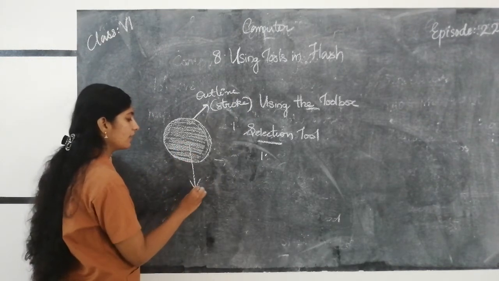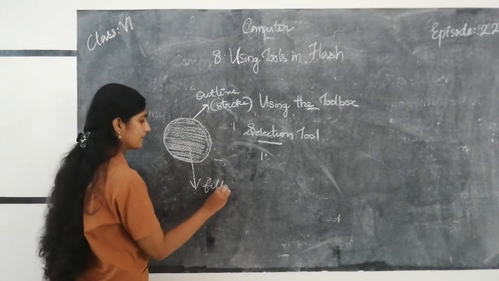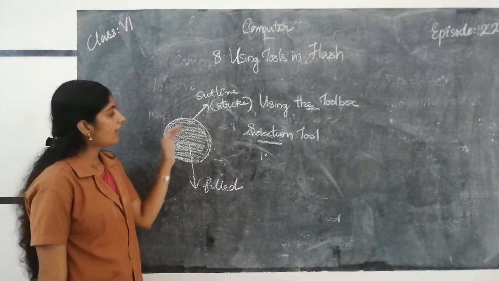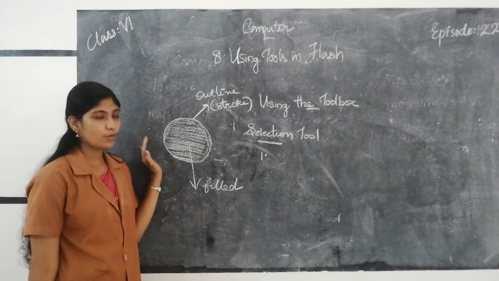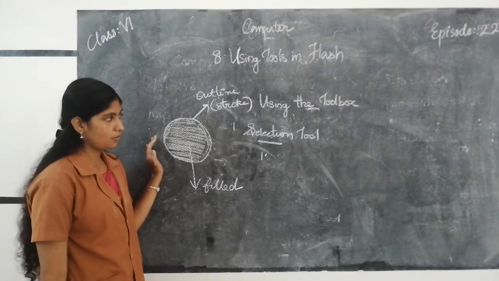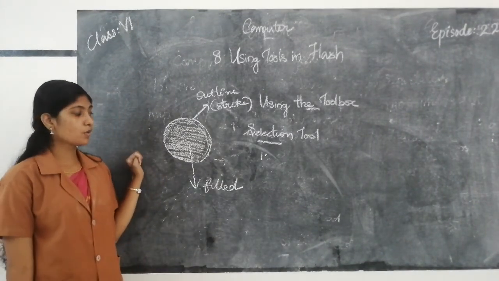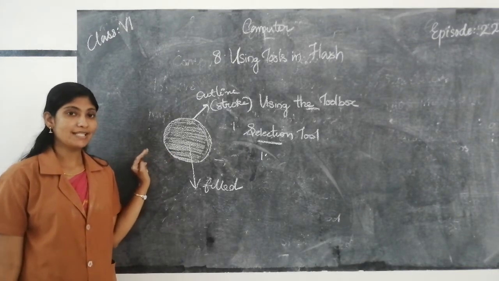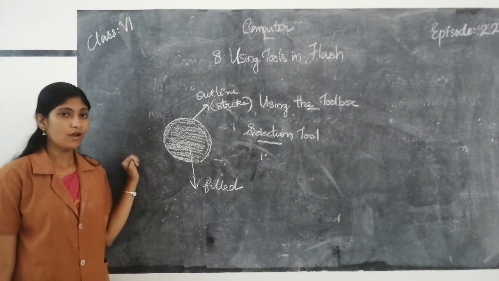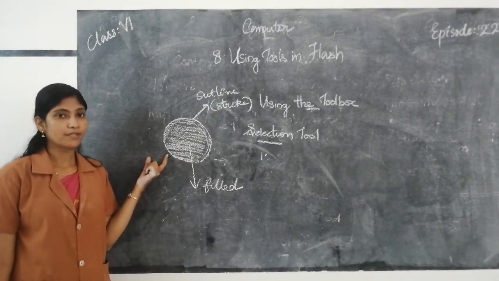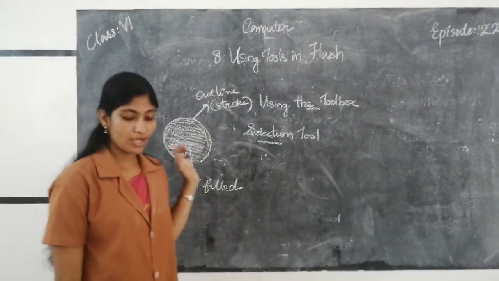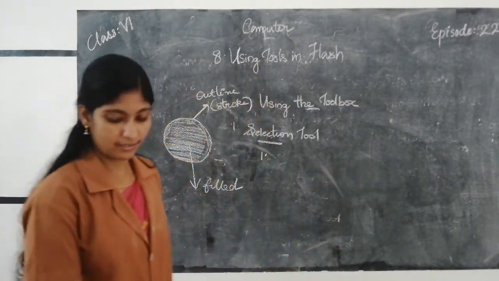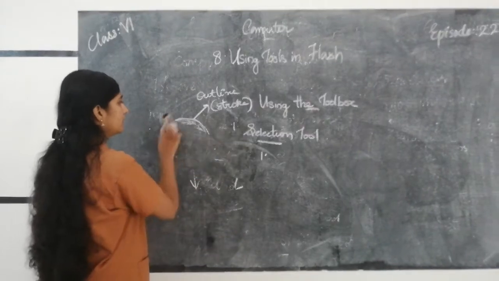The next part is the filled part, the filled area. So here is the filled area, and the outline is the stroke or outline part. We can select two areas from there. First, we can select the outline part only. Also, we can select the filled part. First we are going to discuss how to select the filled part.